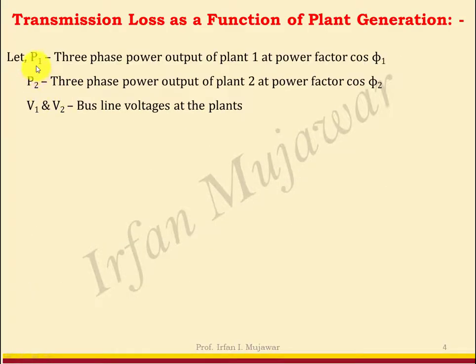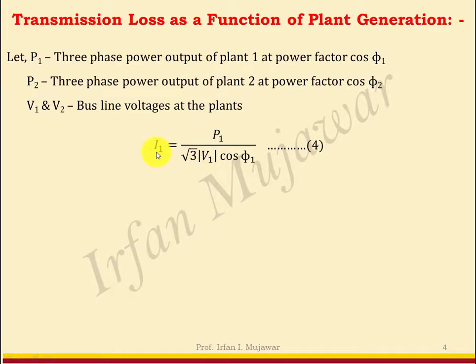Now let capital P1 be the 3-phase active power output of plant 1 at power factor cos phi 1, and P2 the 3-phase power output of plant 2 at power factor cos phi 2, and let us call V1 and V2 the bus line voltages at the plants.